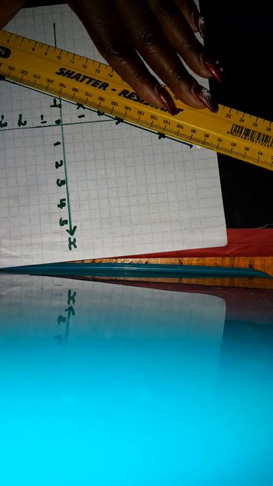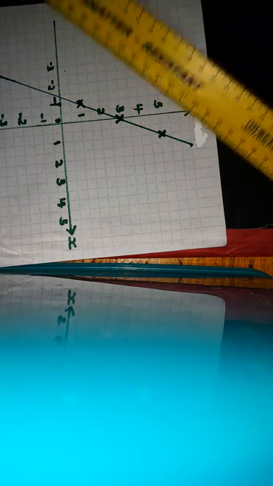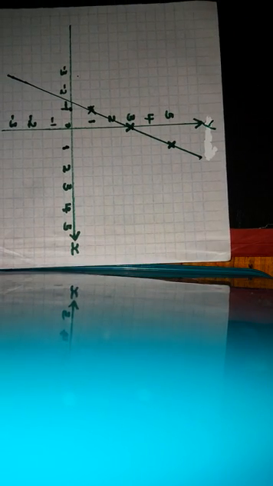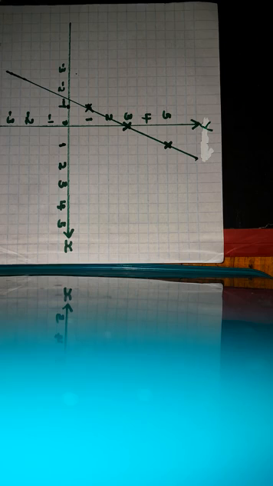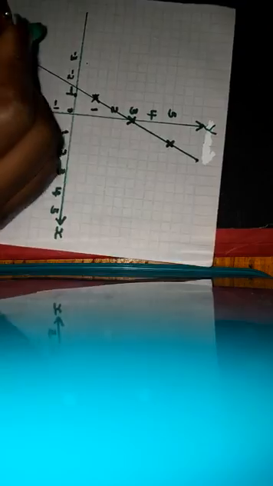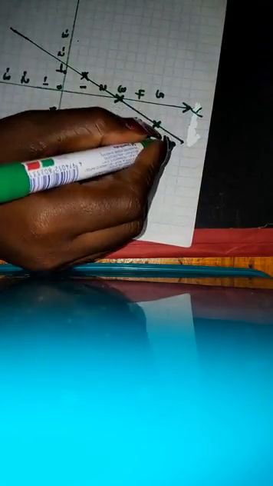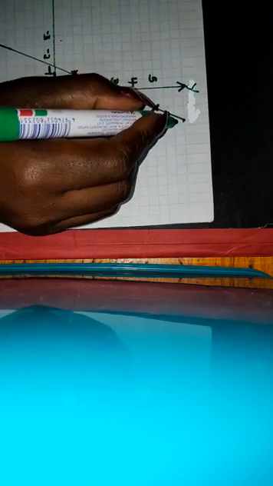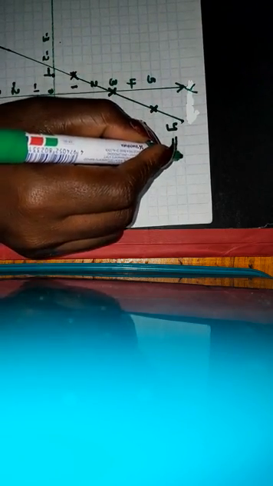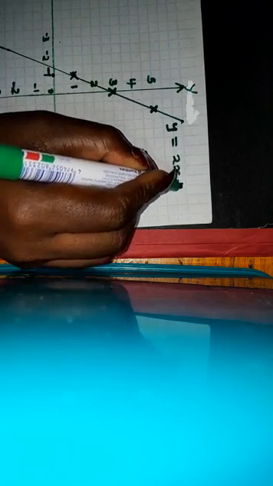And the line that you draw should be long enough to fit your axis. Don't forget to label the graph. This is the graph of y is equal to 2x plus 3.